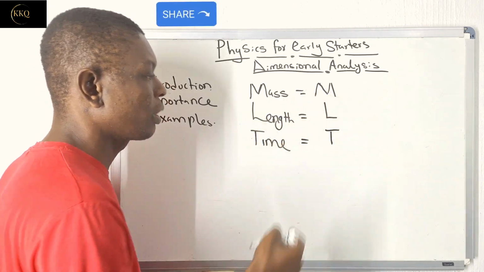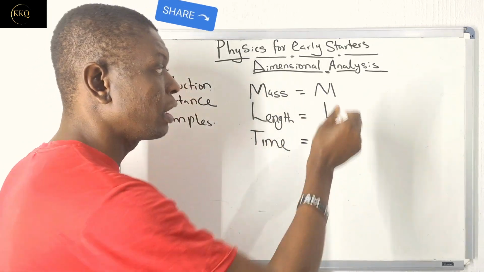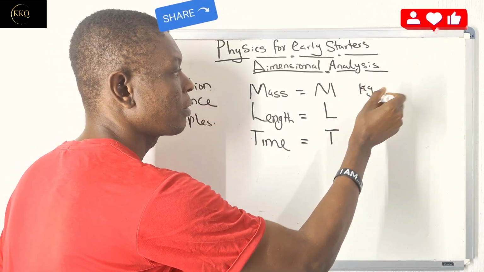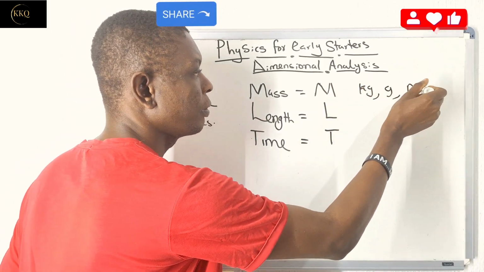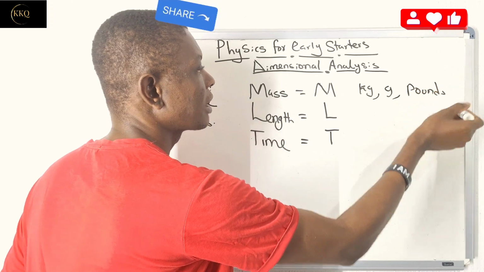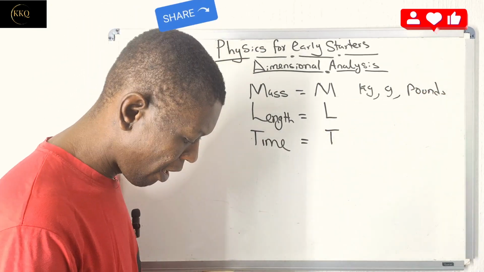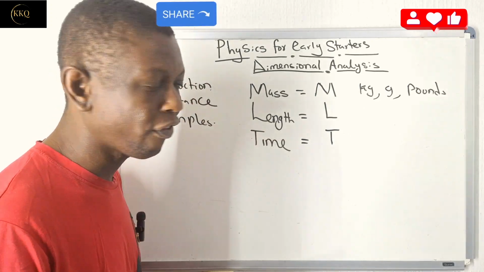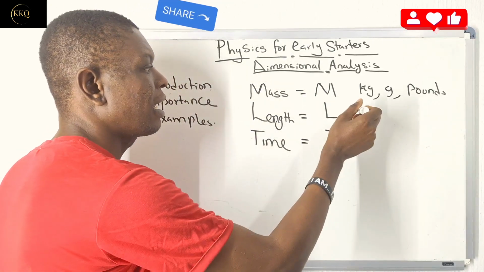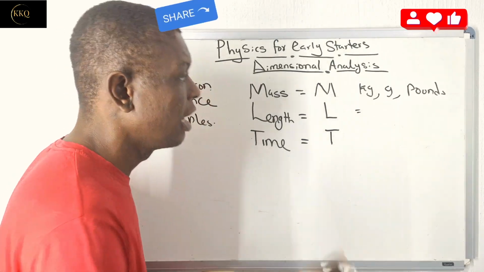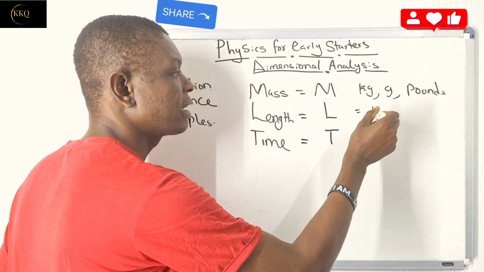Remember that mass is what? The quantity of matter. So the units of mass are things like kilogram, gram, pounds. All these are units of mass. Now, length is what? The difference between a reference point. When we're talking about length, we can talk of things like distance, height, and their units are things like meter.